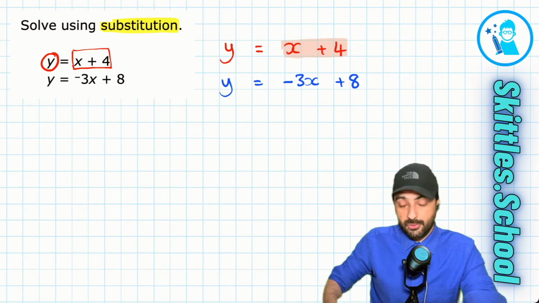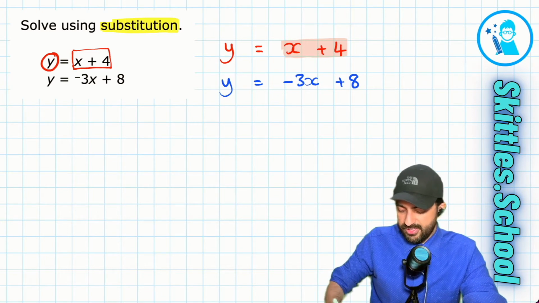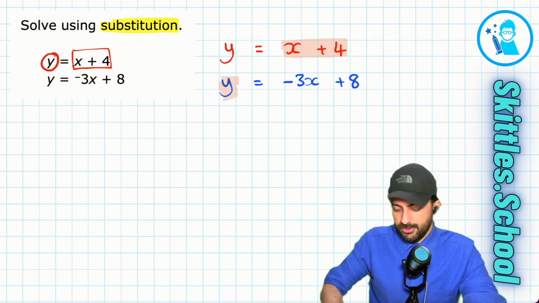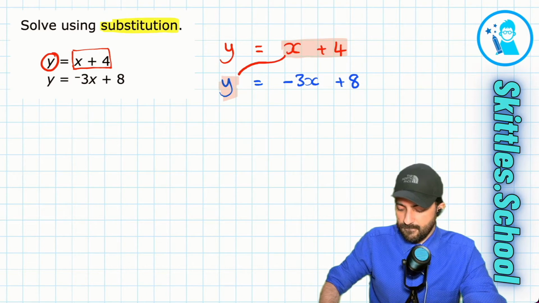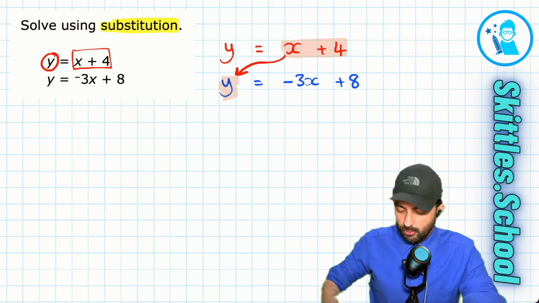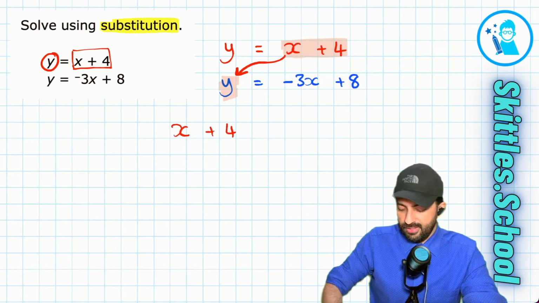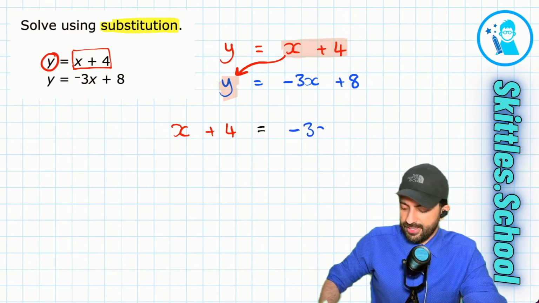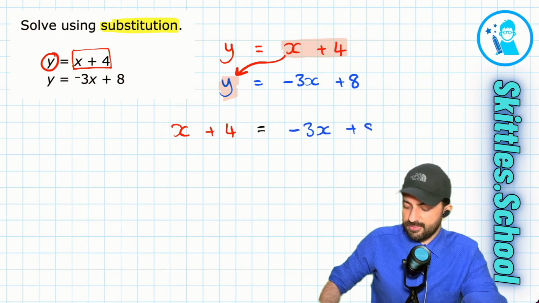We can substitute it. We can see a y over here, so let's substitute that for x plus 4. So let's rewrite this. Instead of writing the letter y, I'm going to write x plus 4. I still have the equals and I still have the minus 3x plus 8.